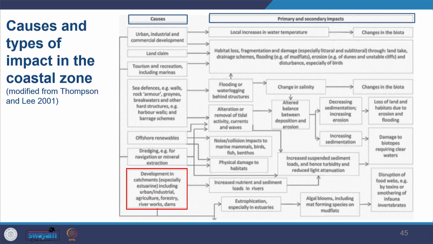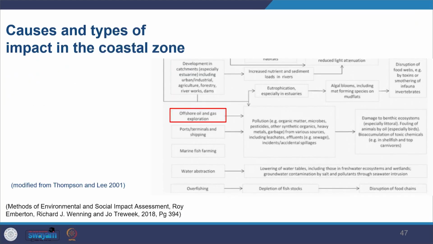Likewise, another important area is offshore oil and gas exploration, ports, terminals and shipping, and marine fish farming. So you see these activities. They also lead to, like you're seeing how oil and gas exploration is happening, a direct impact on pollution, like organic matter, microbes, pesticides, and other things getting into the water.